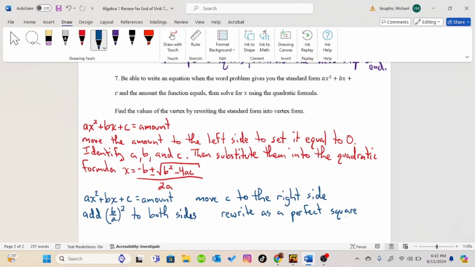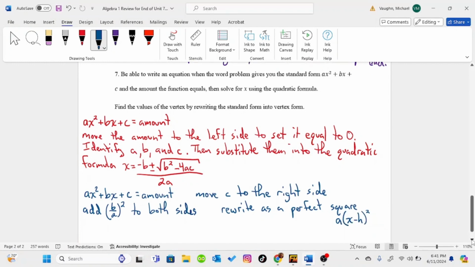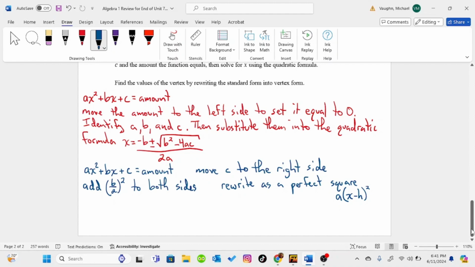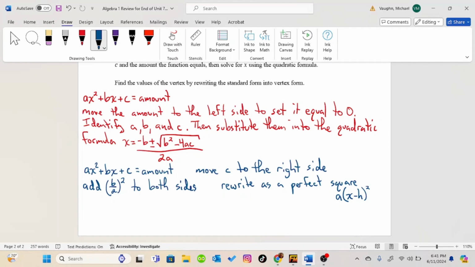This will give you a times x minus h squared. The last thing you'll need to do is move the right side to the left.